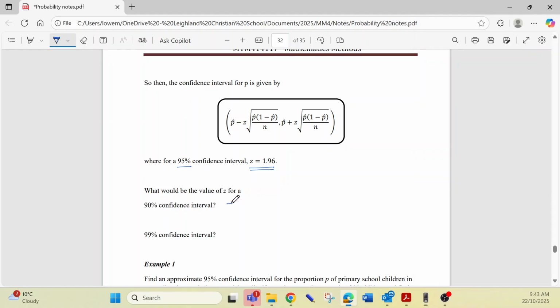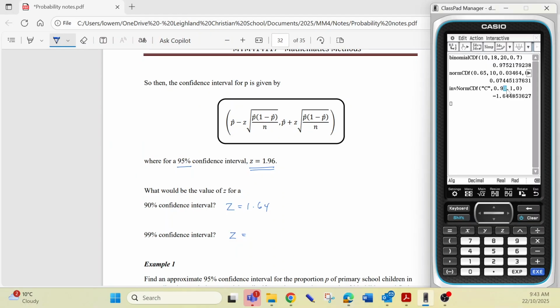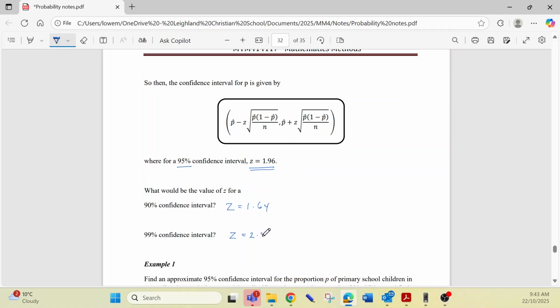So for a 90% confidence interval, our Z value is 1.64. And for a 99% confidence interval, our Z value is 2.58. I'm not going to necessarily remember those values, but it's important to know how to get them.